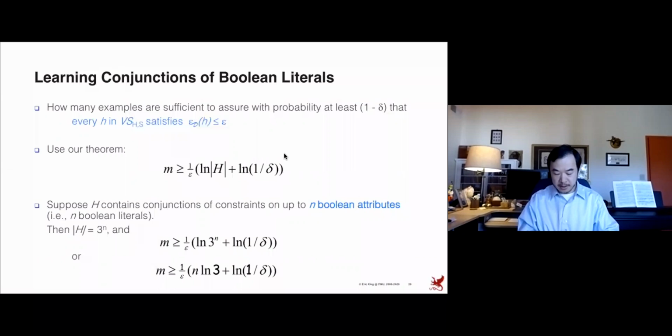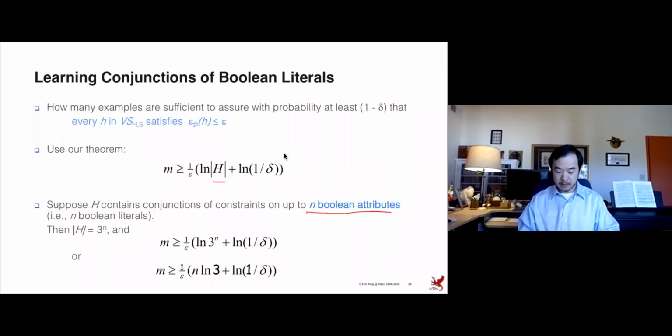The hypothesis was a bunch of Boolean attributes, right? You can imagine that maybe they are three-way Boolean literals: yes, no, and don't care. Then the number of hypotheses for such an attribute function is 3 to the power of n, n being the number of Boolean literals.